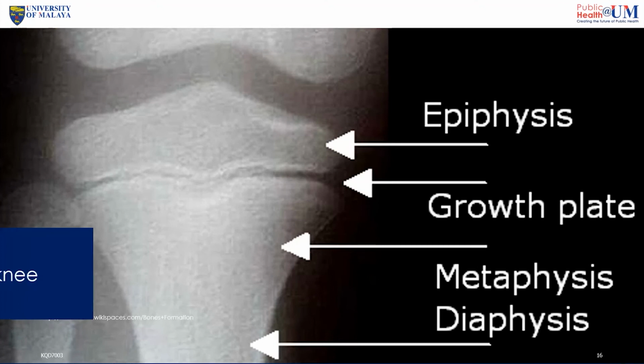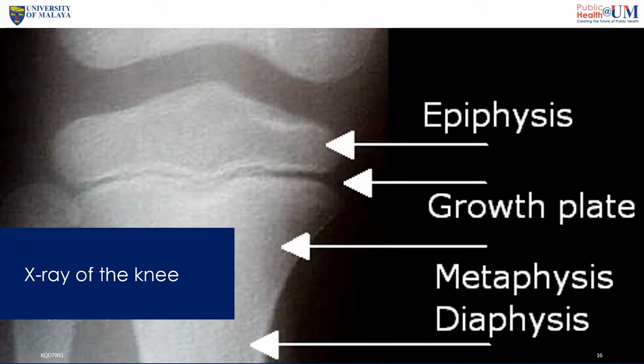Basically, this is the X-ray of the knee. All right. So by looking at the epiphysis, growth plate, metaphysis, you will see the top part. The top part is your femur. This is your tibia. This is your fibula. All right. So in between this, there is a thin line of darkened shade.